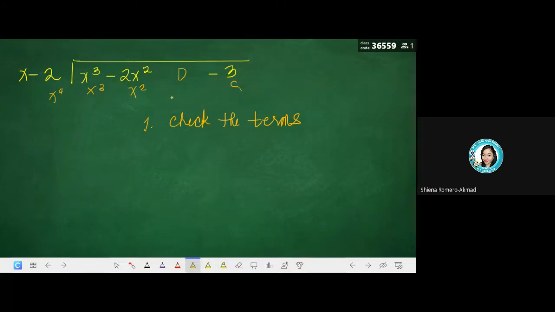Okay, so 0 ang ilalagay natin dyan. So, sa examples natin dito sa PowerPoint presentation, ang ginawa is like this. Naglagay ng 0 and yung term which is x. So, kapag may nawawala, ibig sabihin, you will replace that with 0.